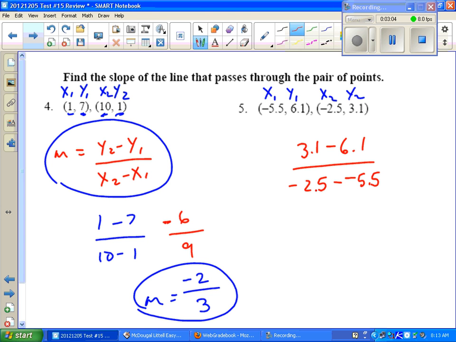Look, we have a negative minus a negative there. So 3.1 minus 6.1 will give you -3, and minus a negative tells you to add a positive. -2.5 plus 5.5 will be a +3. So -3 divided by +3, your slope will be 1.